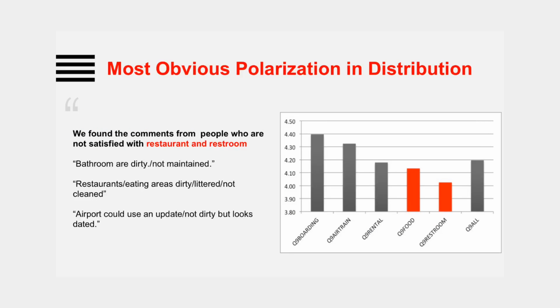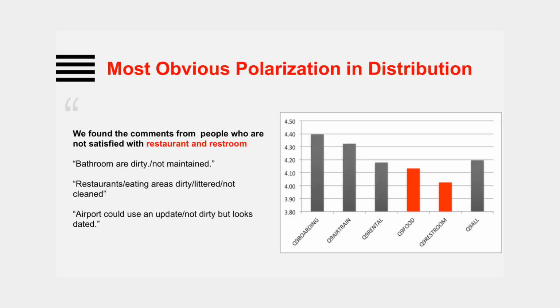We also want to know whether the people who gave low scores have some complaints about the airport. Then we found there are 3 complaints that appeared most of the time. Their bathrooms are dirty, not maintained. Restaurant eating areas are dirty, not clean.